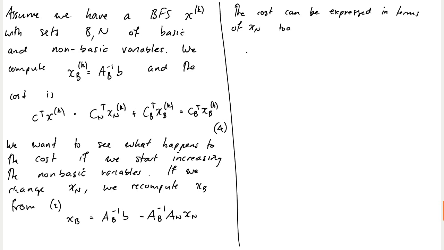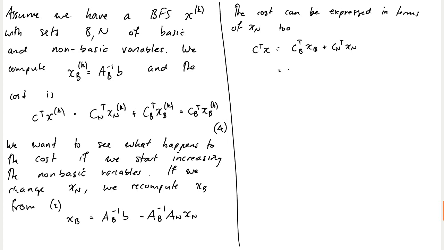So what it will look like, c transpose x equals cB transpose xB plus cN transpose xN.